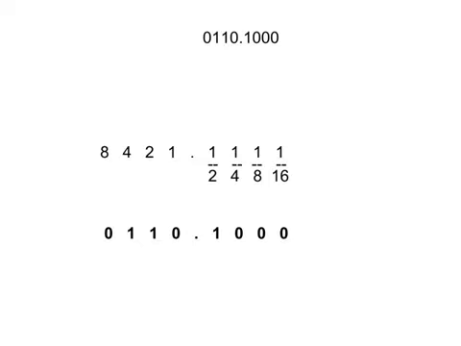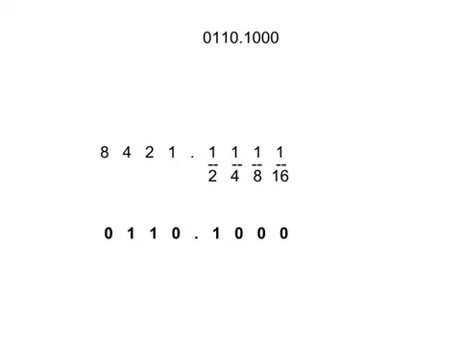In binary, you have the exact same concept, except you're doing it in base 2, so you go 2, 4, 8, 16, but as fractional parts. So here is the same number, but I have aligned it under the place values of the different fractional parts. So it should be very easy for you to see that this number is 6.5.